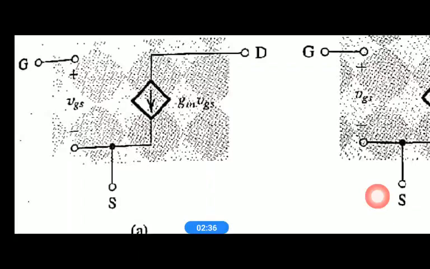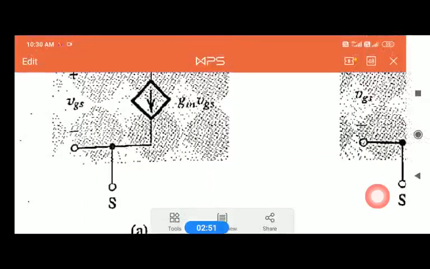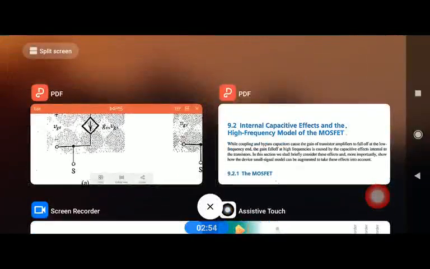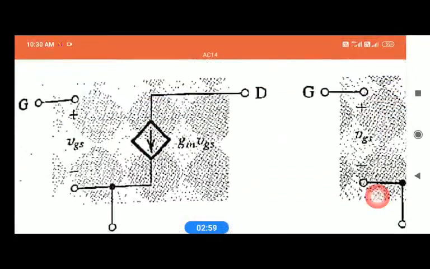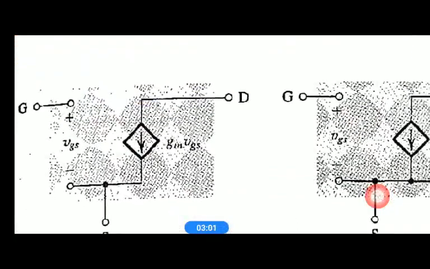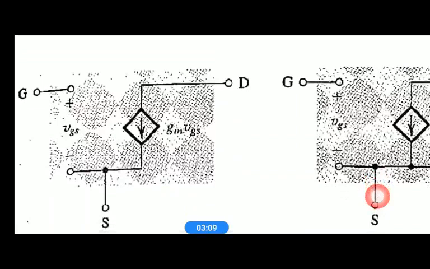So as this is the small signal model, due to the frequency being very small, the low frequency, we are not considering the several capacitive effects which are present between gate and source, between drain and source.